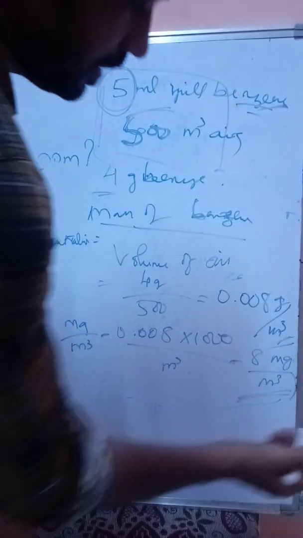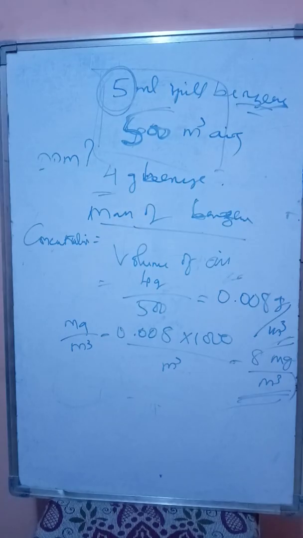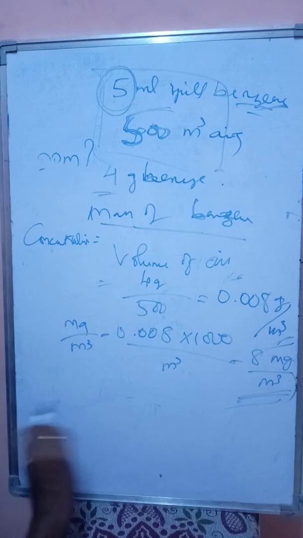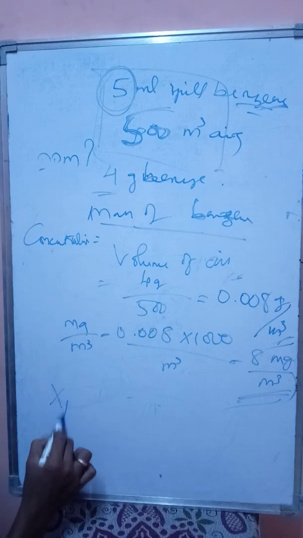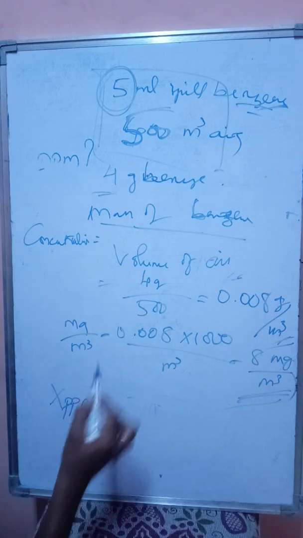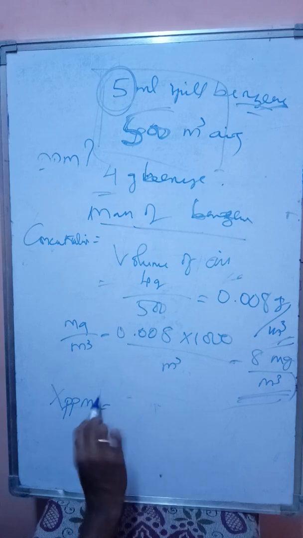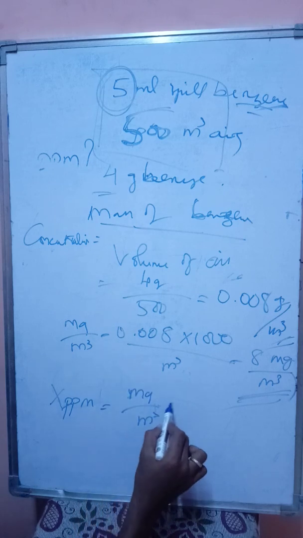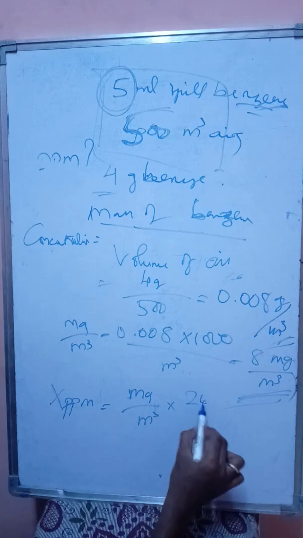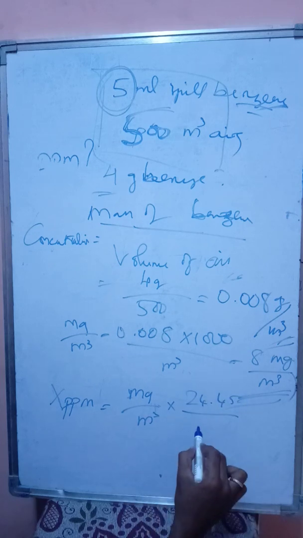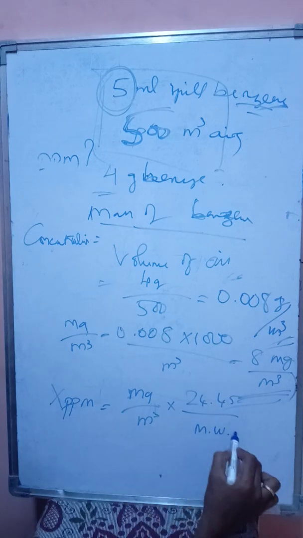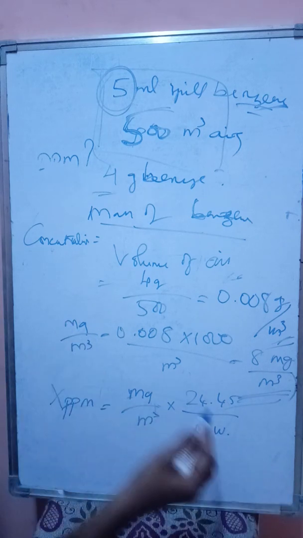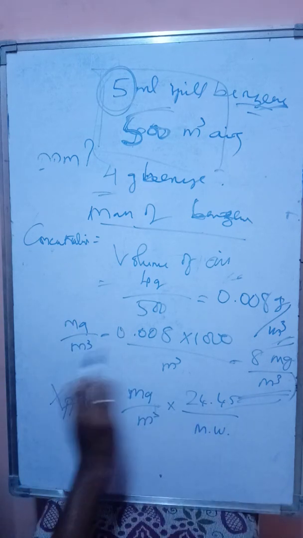To know that it is in ppm, there is a formula. x ppm is equal to milligram per meter cube into 24.45 divided by the molecular weight of the substance, whatever the substance we are handling. You just apply this formula and you will come to know.